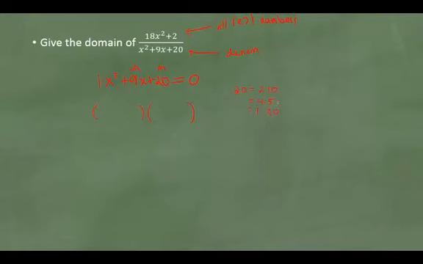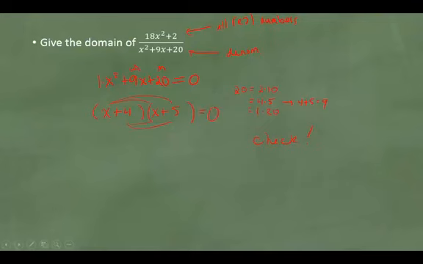But which one of those adds to be 9? 4 plus 5 is equal to 9. So that's the right number. The right factor is x plus 4, x plus 5. And you should check it. Always check your work. Multiply this out to make sure that you do get x squared plus 9x plus 20.